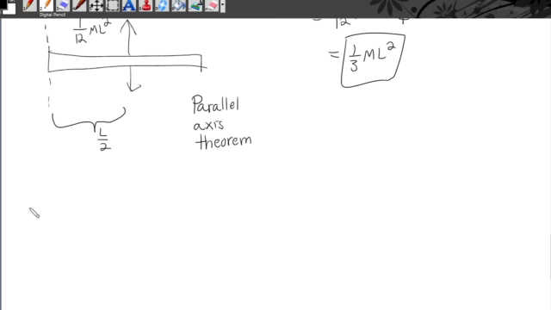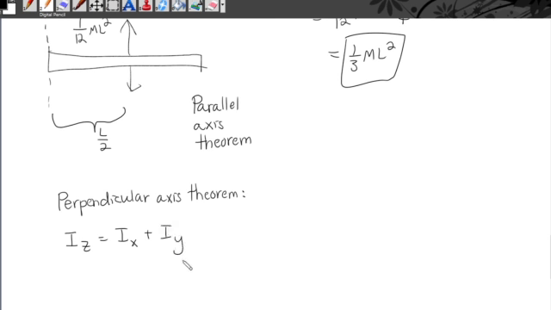And we also have another formula known as the perpendicular axis theorem. And so this states that I sub z is equal to I sub x plus I sub y.